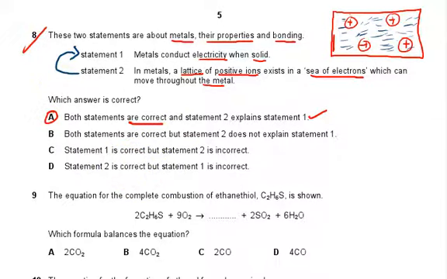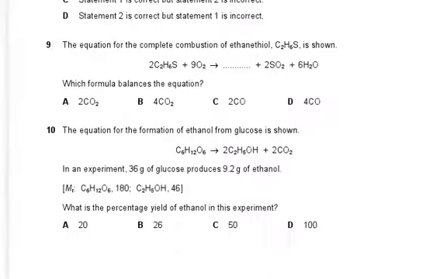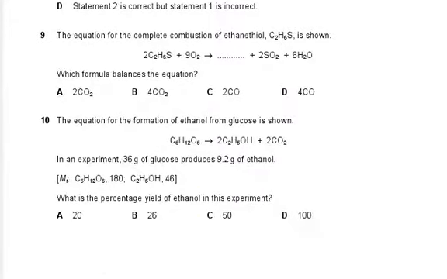Okay, now we look at number 9. The equation for the complete combustion of ethanol, C2H6O and O2.